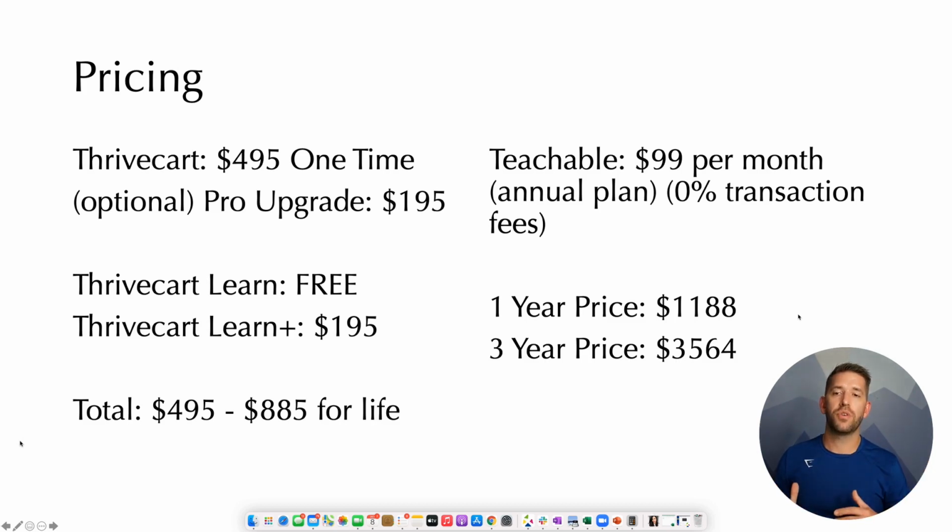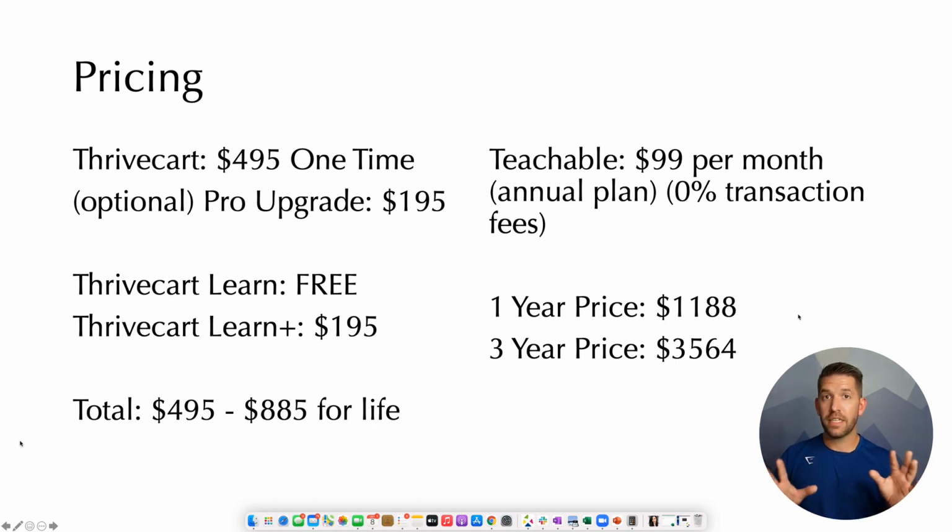But if you upgrade to Thrivecart Pro, which we personally did for the affiliate platform, custom domains, dunning, and other functionality like that, it's $195 extra for that Thrivecart level. And then Learn similarly has an optional upgrade, which you certainly do not need. You can get by with the free version of Learn, but if you want to get Plus to be able to migrate all of your students in bulk off of a different platform and doing bundles and a few other functionalities, another $195 there.